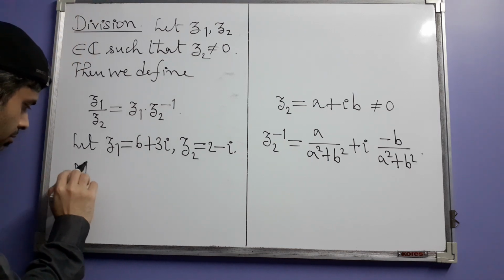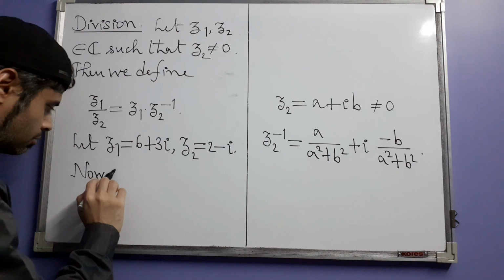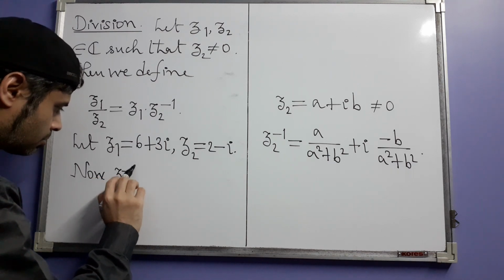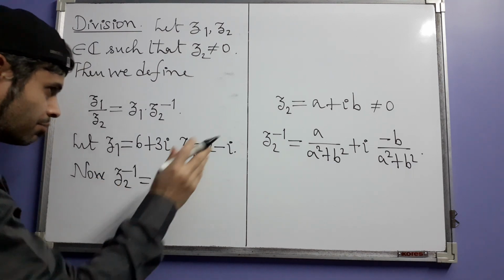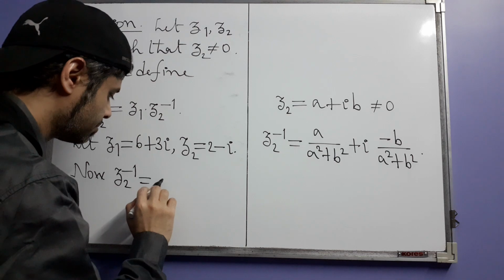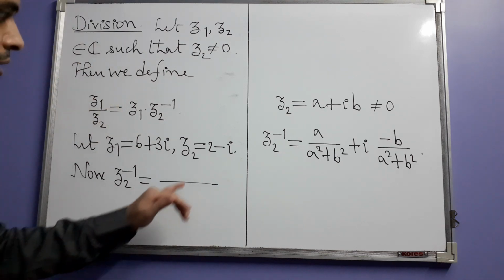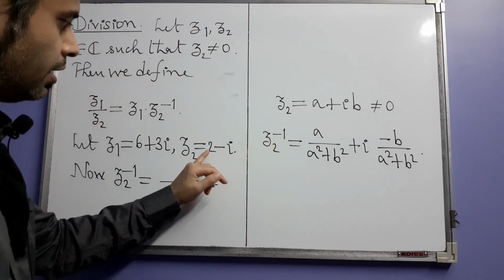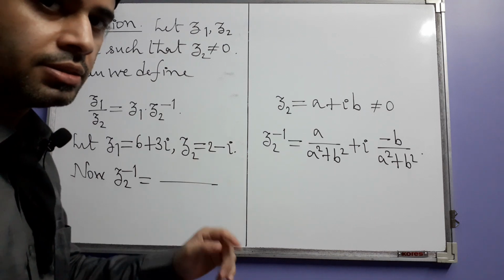Now Z2 inverse by this formula will be what? What are A and B here? A is 2 and B is minus 1.